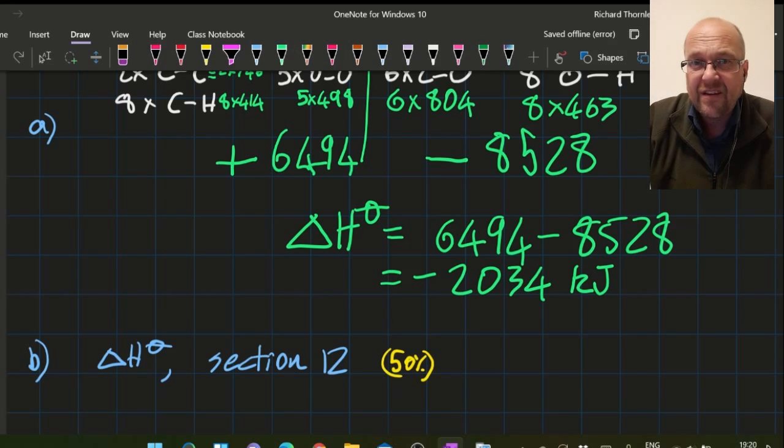So that looks good. It's negative, it's exothermic, it's burning fuel, so I'm pretty happy with that.